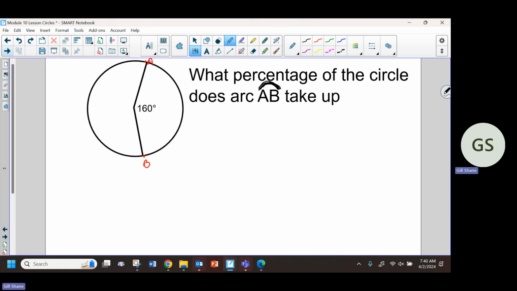So what percentage of the circle is the 160? And then that led us to finding the length. Oh, the grades for you guys are in, by the way, from the quiz last Monday.